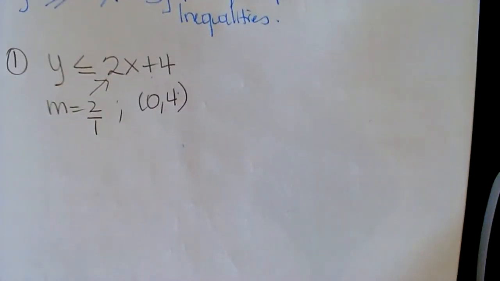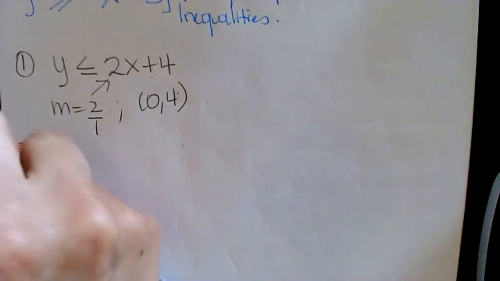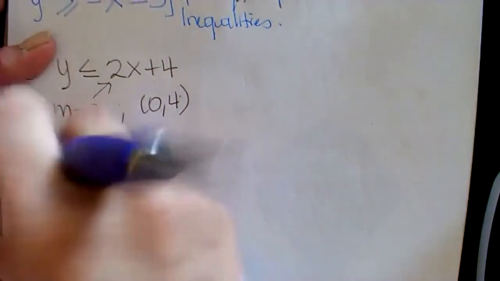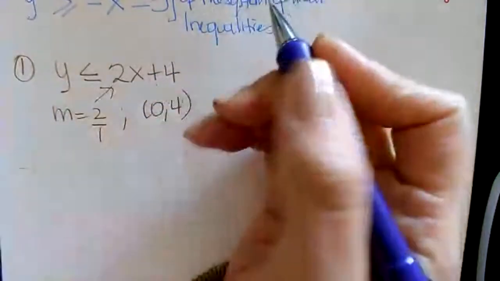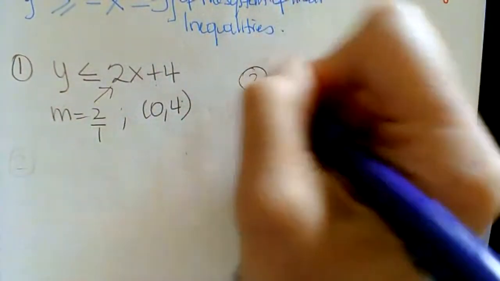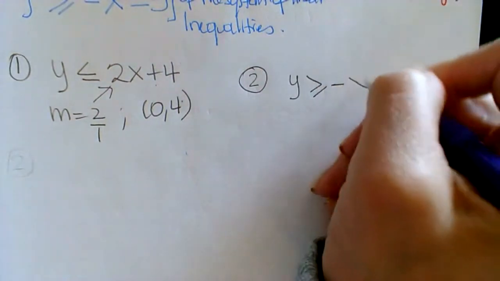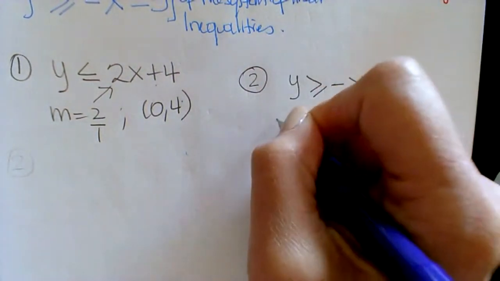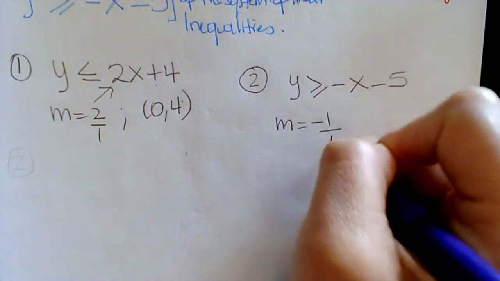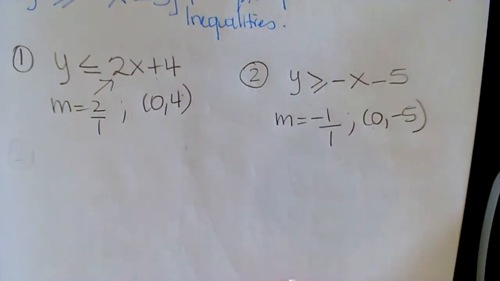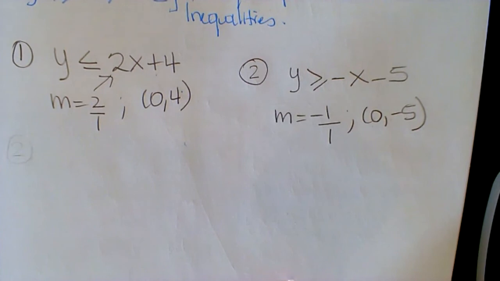And the next one, this one would be y greater or equal to negative x minus 5, with slope negative 1 and my y-intercept. Okay?